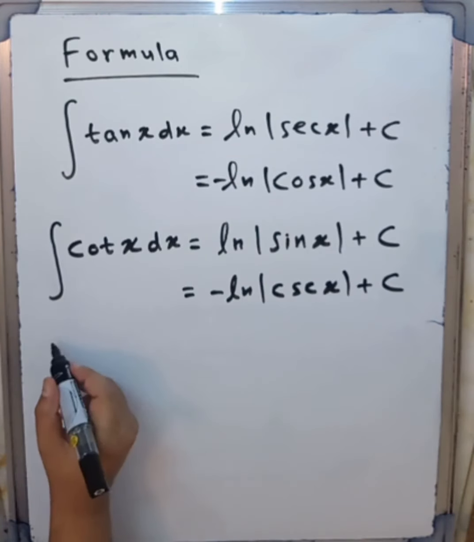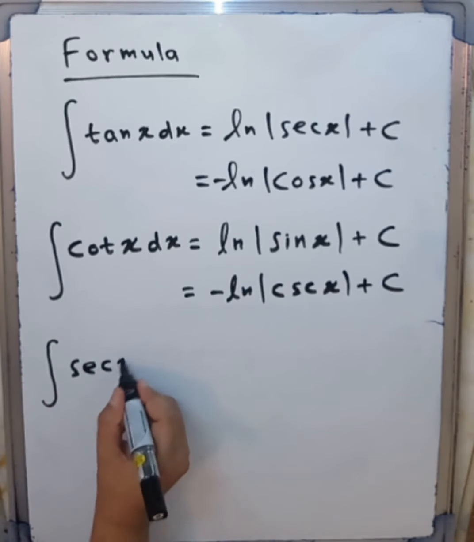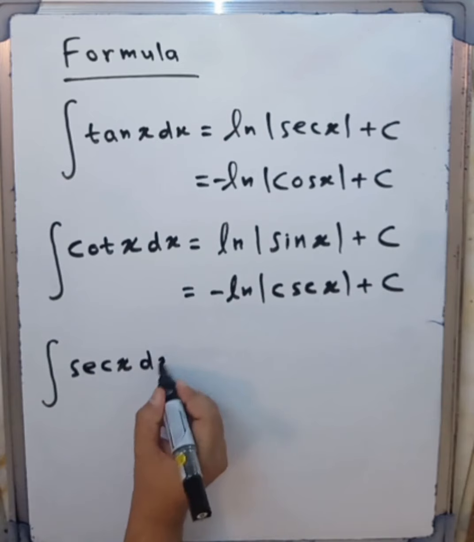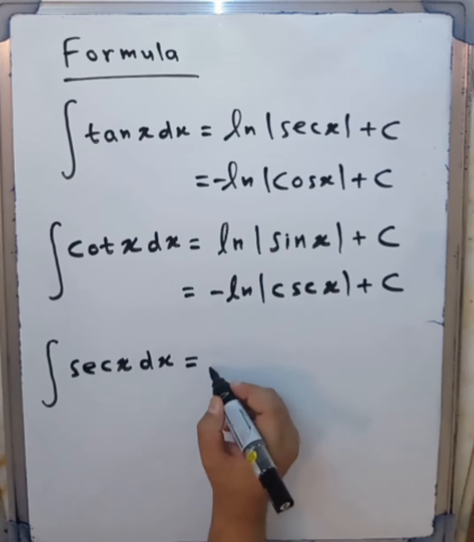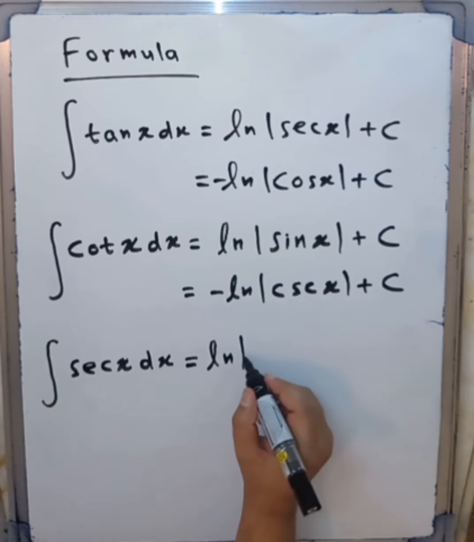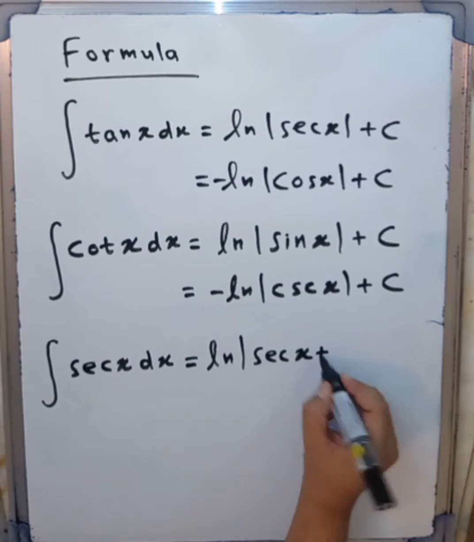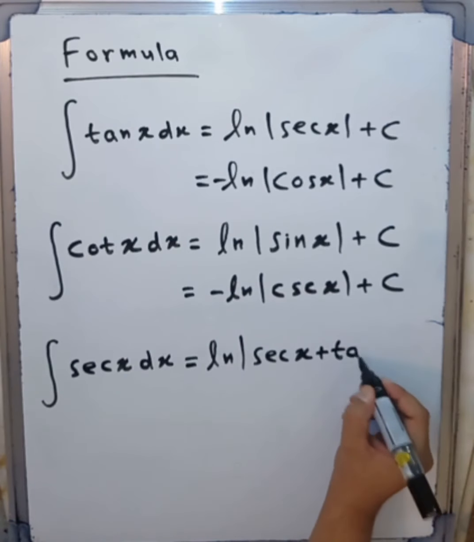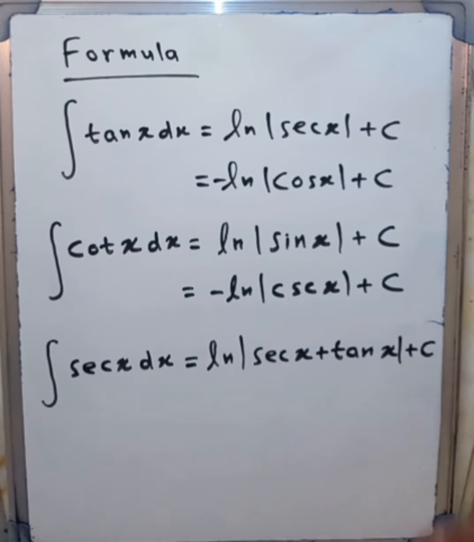The next formula is for integration of secant x with respect to x, that is equal to ln absolute value of secant x plus tan x plus c.